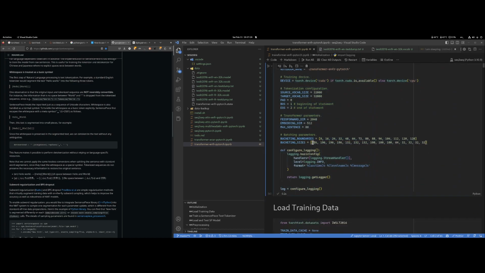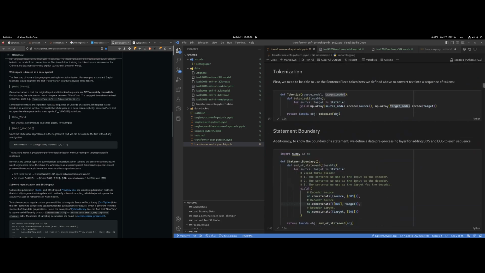I try to bucket statements of up to 8 together, and then up to 16 together, and up to 24 together, and so on. Otherwise, if a statement is longer than that, it's going to go to the next bucket. And you can see that's a helpful mechanism for training efficiency. So it has nothing to do in particular with the transformer, it's just a machine learning technique.